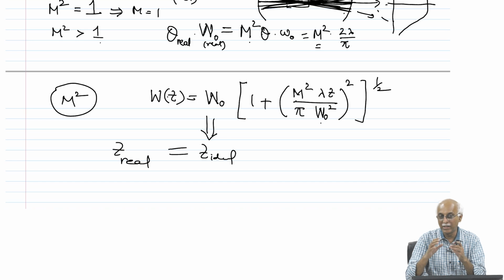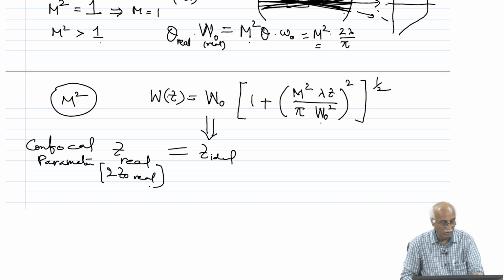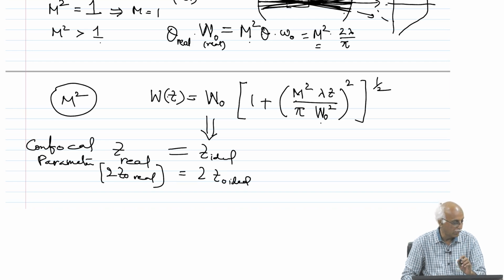Beam size and divergence both are changing, but the confocal parameter corresponding to that will remain the same. I should write confocal parameter, not Z, otherwise you will not understand. So 2 times Z0 real is the confocal parameter corresponding to the real, and it is 2 times Z0 ideal. So remember that.